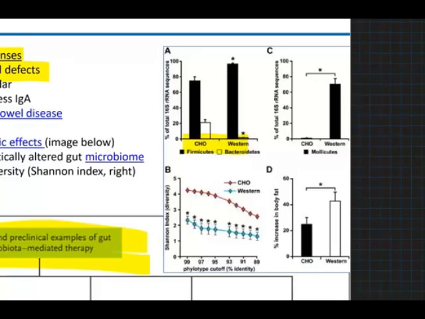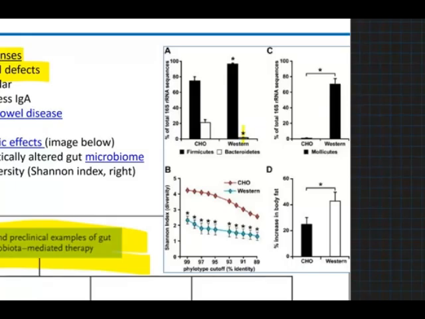Okay? So, if you look at this data in mice, and it would be fair to say that mice normally do not consume enormous amounts of sugar or fat. They eat grains and grass and stuff like that, right? But we feed them anyway.